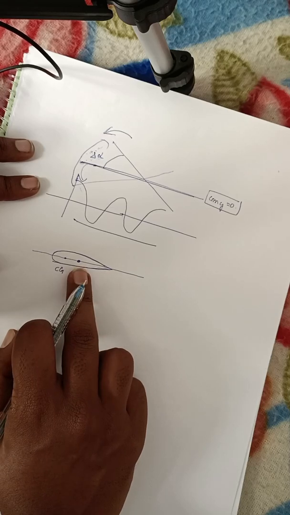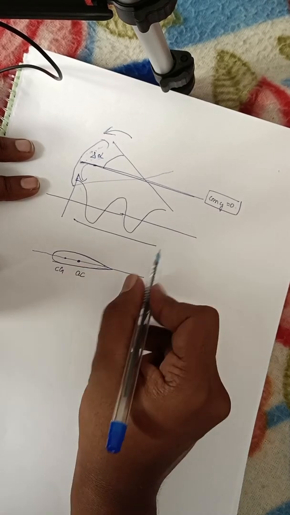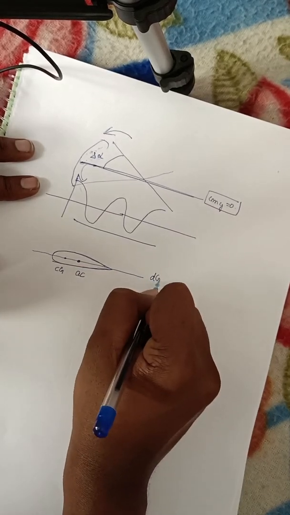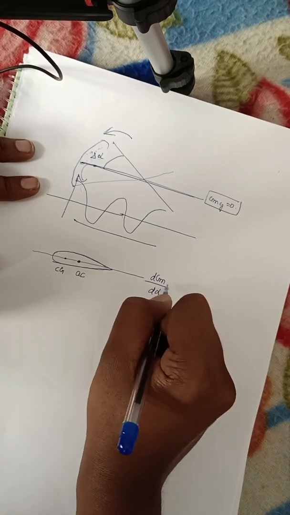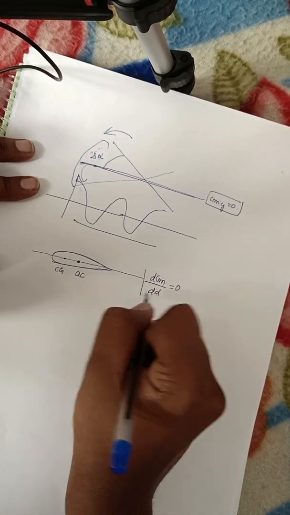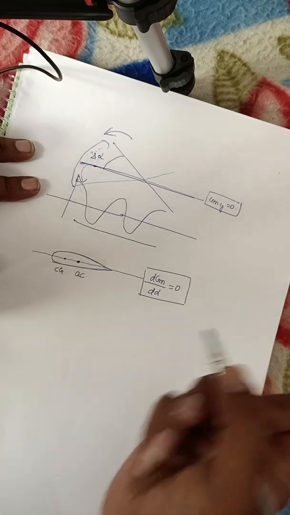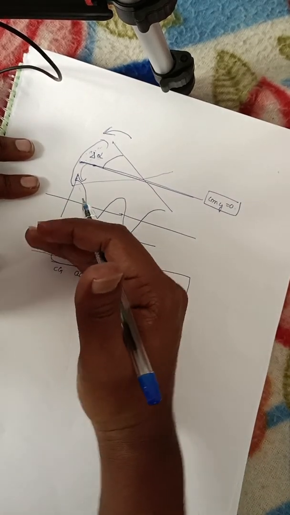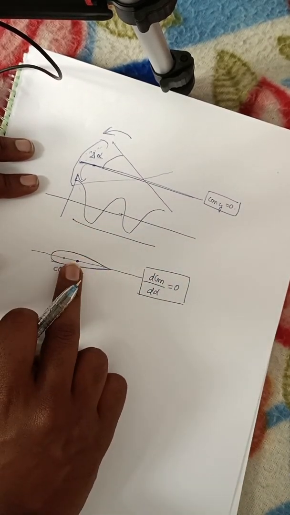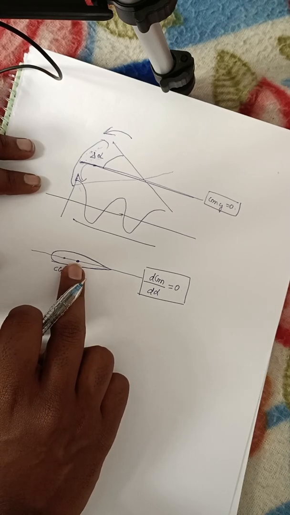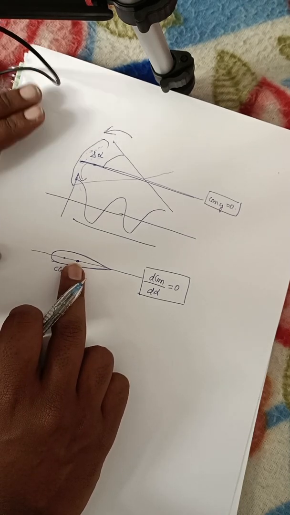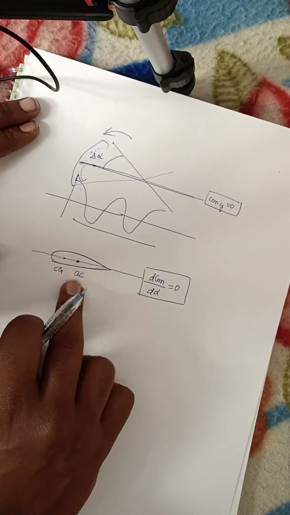This is the point at which the pitching moment is independent of the angle of attack. Am I right? Independent of the angle of attack means if you change the angle of attack also, the pitching moment at this point will not change, it remains constant. That is called aerodynamic center.